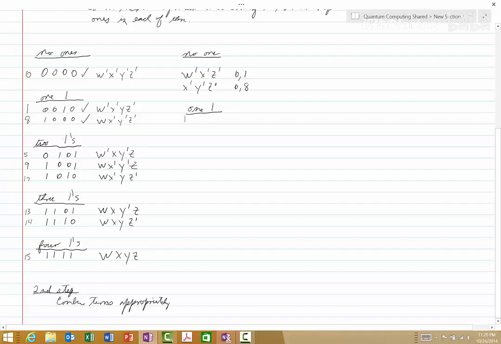First of all, if the decimal number for the term you're looking at above is larger than the decimal number for the term you're looking at below, they will not combine. And secondly, even if the one above is smaller than the one below, if their difference is not a power of 2, then they will not combine.